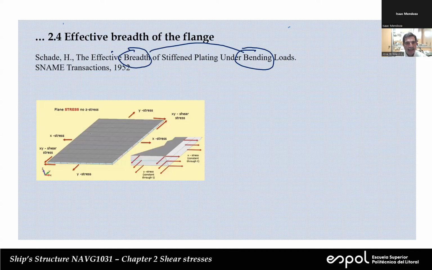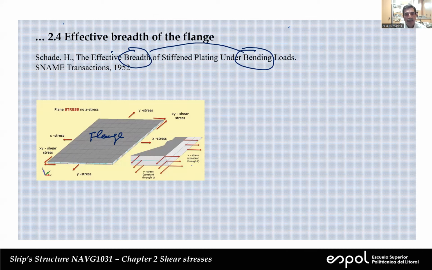Okay, so let's consider that this is the flange. Okay, and we have X stresses, Y stresses, and also shear stresses. Okay, so there are no stresses in the vertical direction. Now, if this is the thickness, we assume that in the thickness, since it is very small, the stress doesn't change.